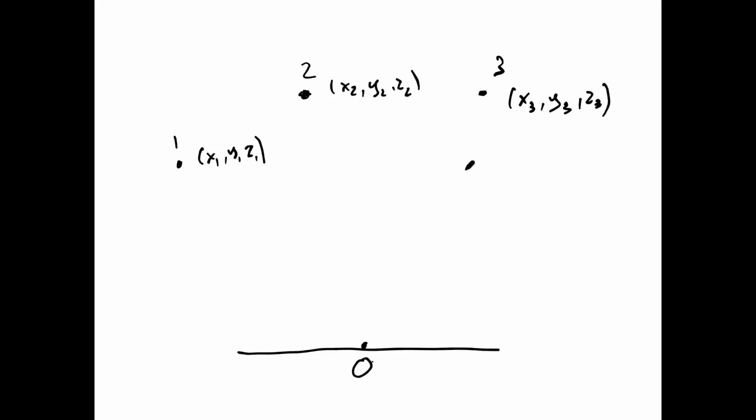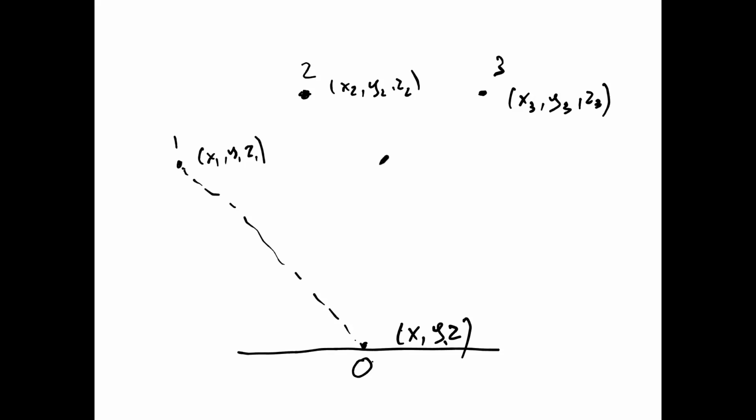They transmit their position to the user here, who has an unknown position x, y, z. Okay, we can write equations. I draw only one line, but there are 3 radio links.